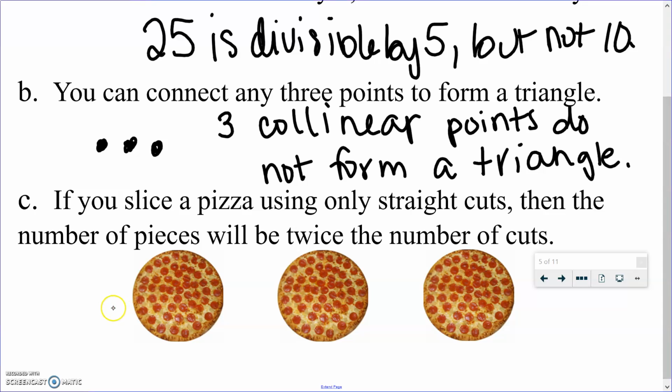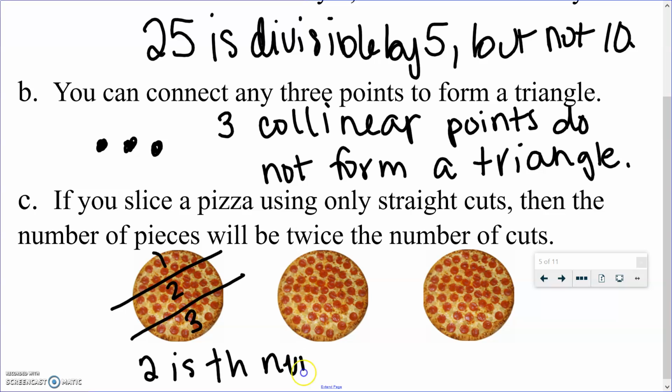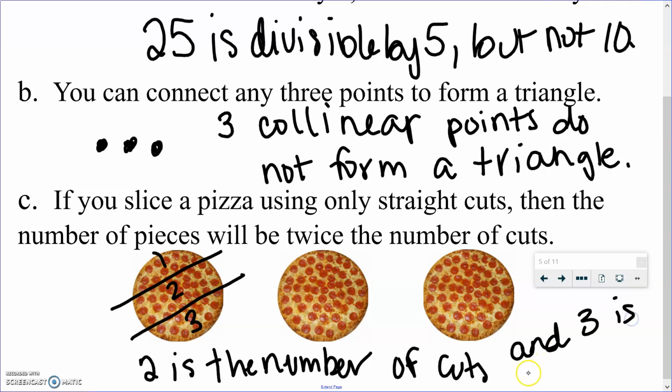And the counterexample I'm going to use here is if I cut this pizza twice like this, then there's 1, 2, 3 pieces. So 2 is the number of cuts, and 3 is not 2 times 2, or twice the number of cuts.